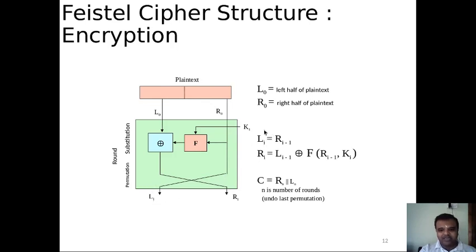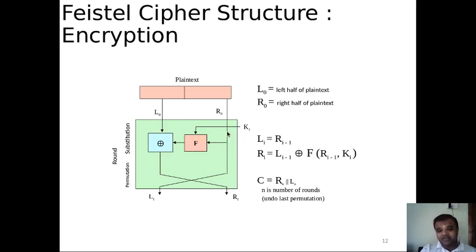So the left half of the ith round is going to be the right half of the (i-1)th round. Likewise, you have the left half coming in, which gets XORed with the right half and the sub key going through some function f. You're still not sure about what this f is. So there is some round function f taking place between the right half and the sub key.